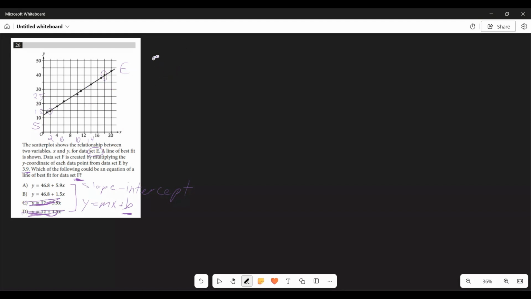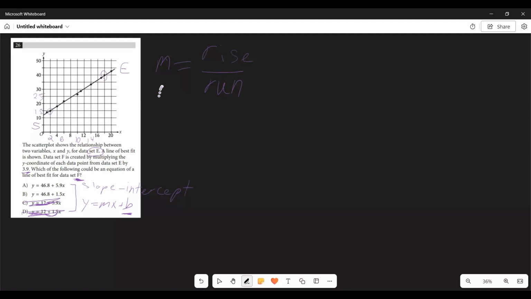Remember, slope is nothing more than, I'm just going to write slope as m, slope is nothing more than rise over run, right? And we need to now use the 2 points we have to calculate this slope.